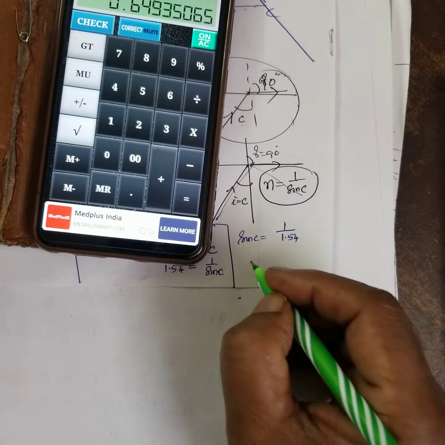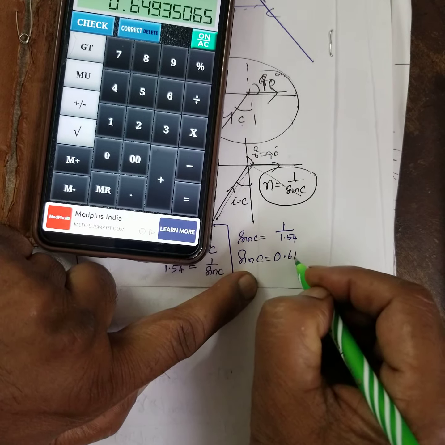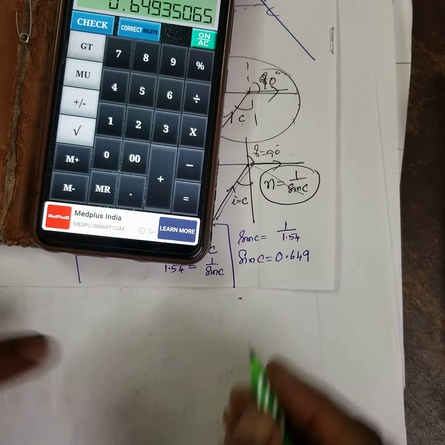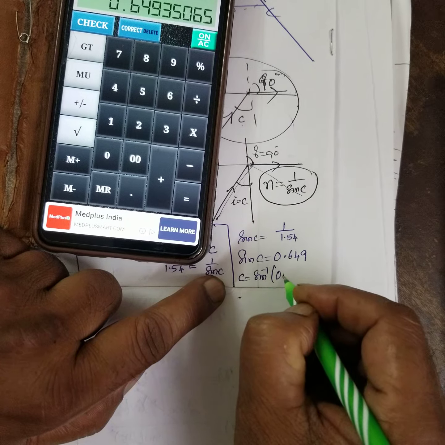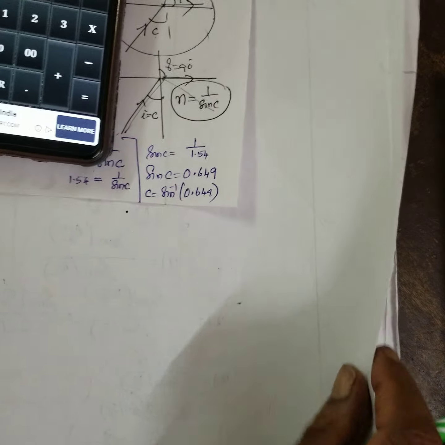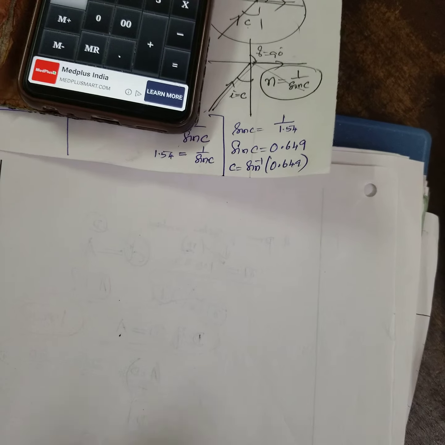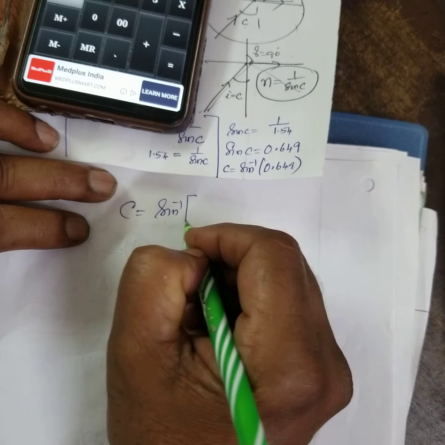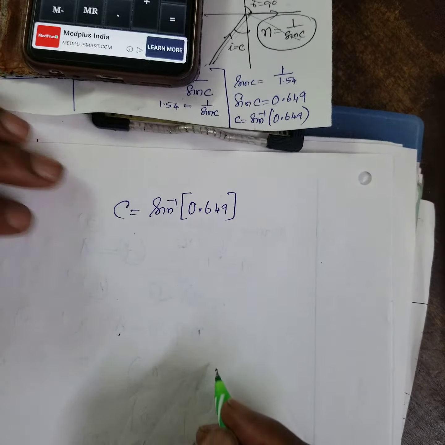Sin C is equal to 0.649. Understood? Therefore, C is equal to sin inverse 0.649. Here I get that. That's a way to do it. Here C is equal to sin inverse 0.649.